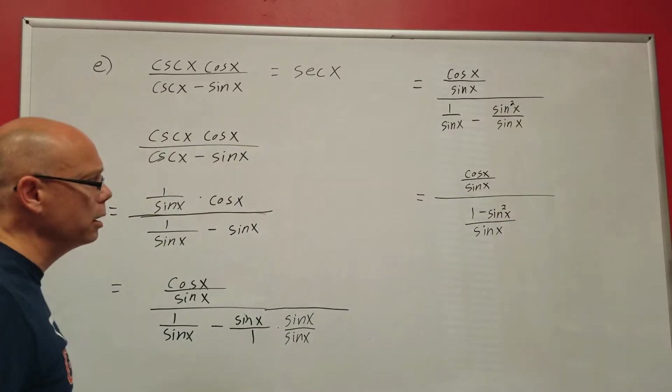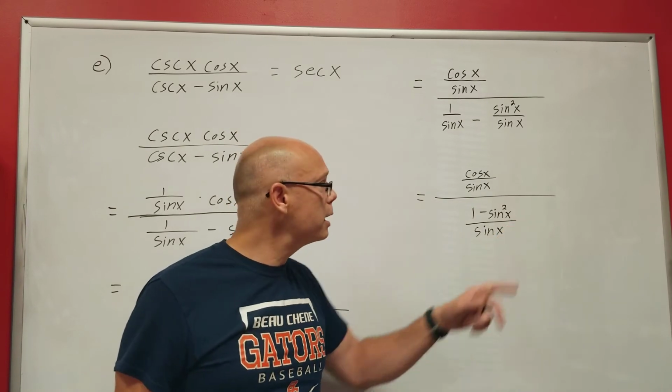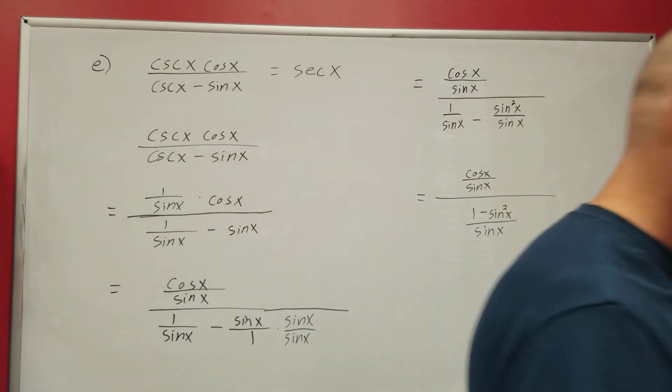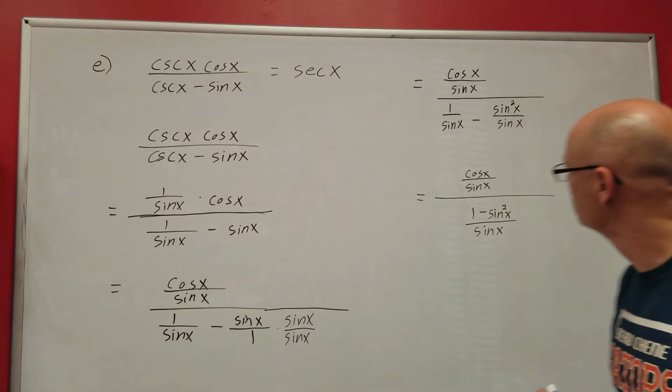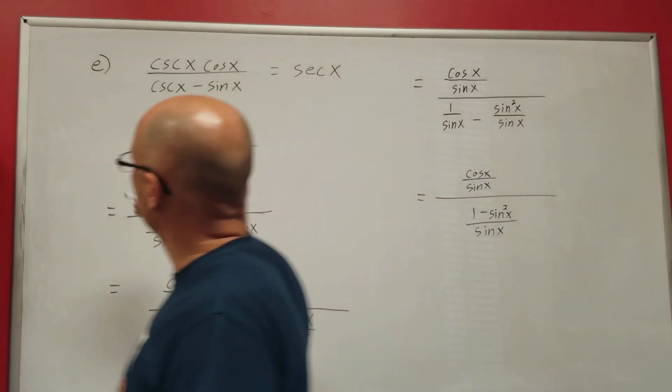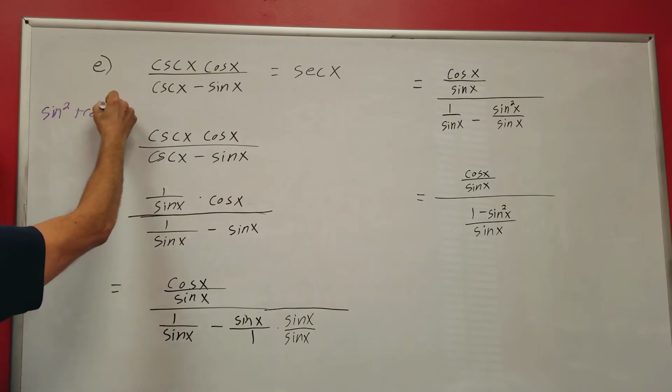Oh, what do we think of whenever we think of 1 with a sine squared? We think of a Pythagorean identity, right? So what's my Pythagorean identity with 1 and sine squared in it? I cannot find my other color marker. There it is. I think of this Pythagorean identity. Sine squared plus cosine squared is equal to 1.